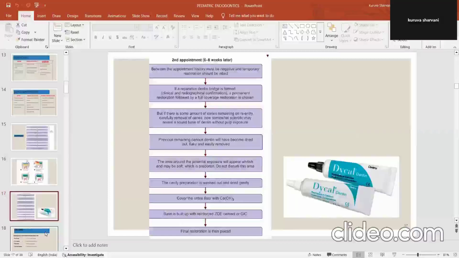How would we check the dentin bridge formation? By radiographic assessment. And next, place the permanent restoration, that is GIC, followed by placement of a stainless steel crown.